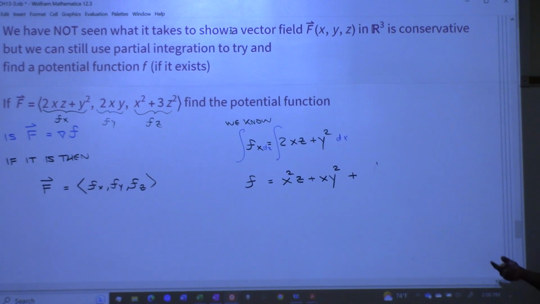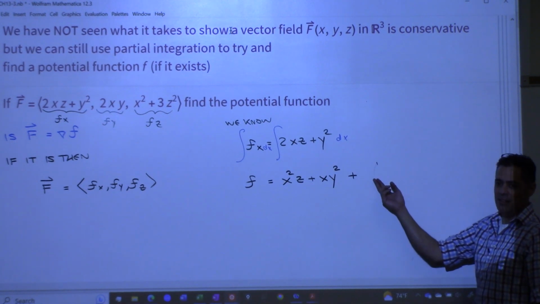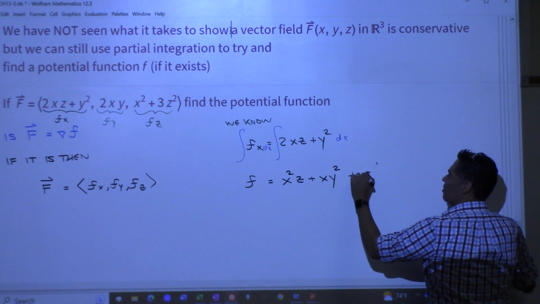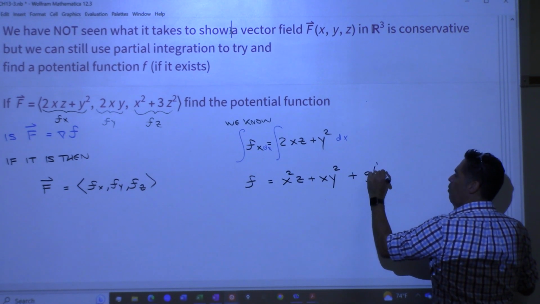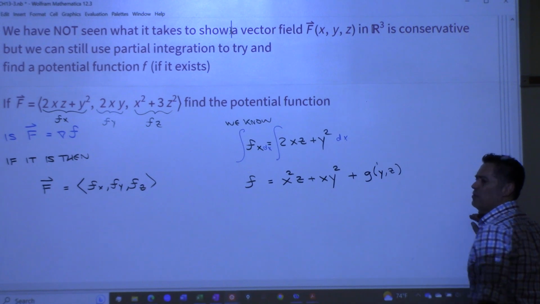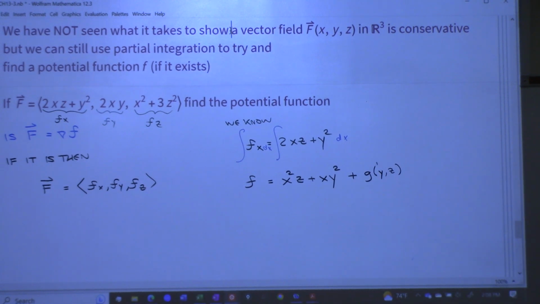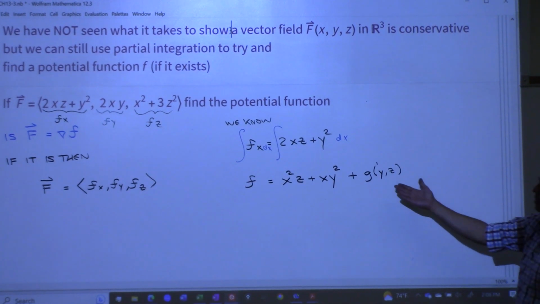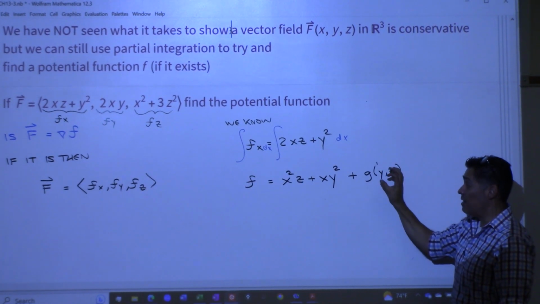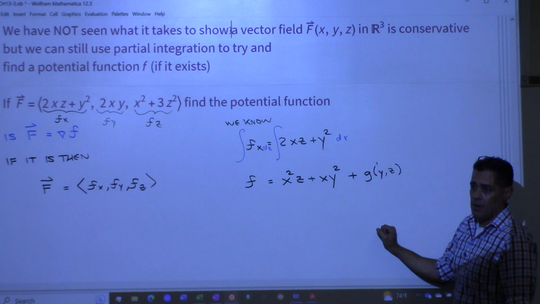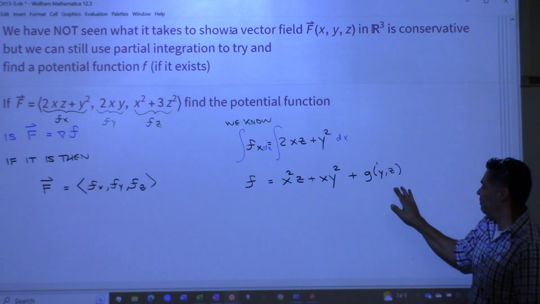So I'm going to say g of y or z. It's a function g. The g function could have y's or z's in it, because if you differentiate this with respect to x, if no x's are here, then that's going to 0. So this cannot have x's in it.